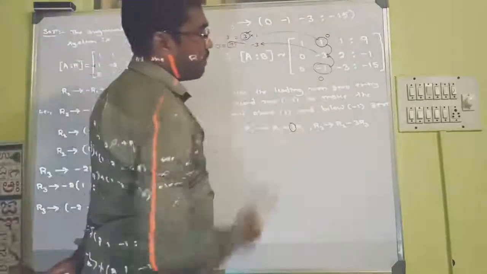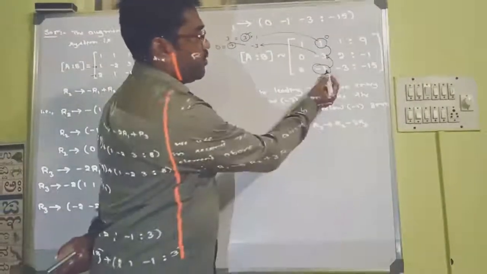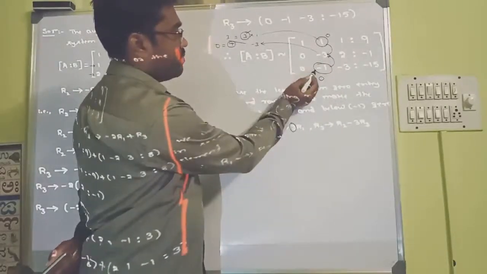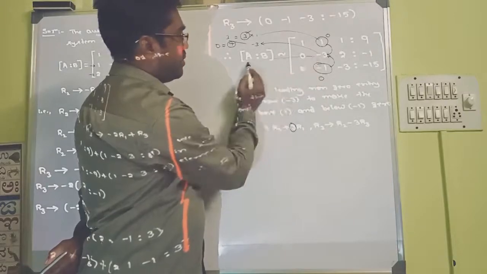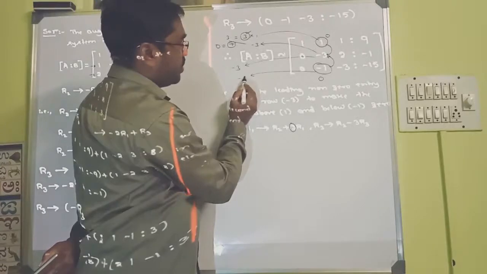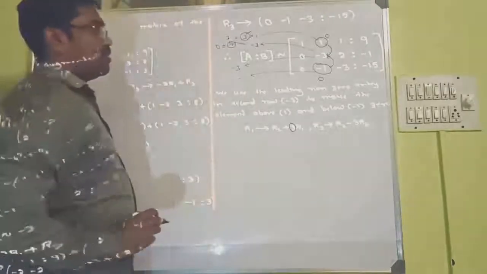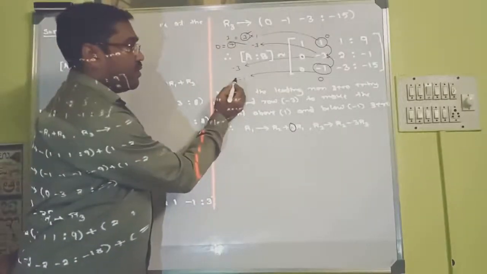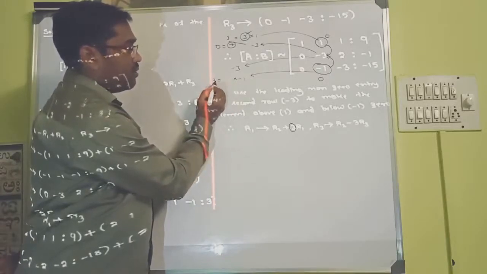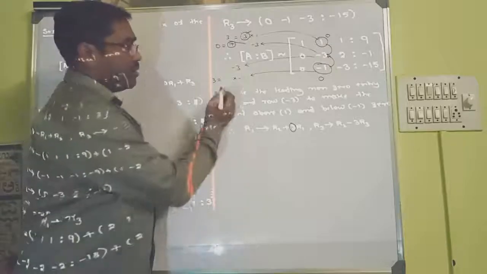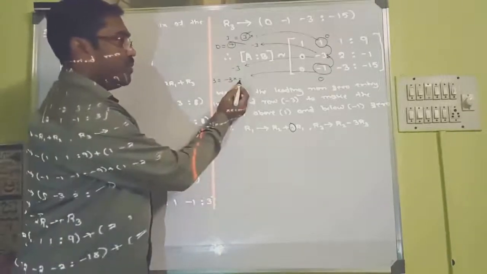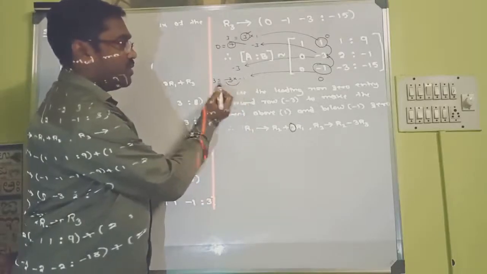Now here, how can we make this element 0 with the help of -3? Let us see. Take this -3, take this -1. By what number do we need to multiply so that we can get 3? We need to multiply by -3, so that minus into minus is plus, 3 ones are 3.